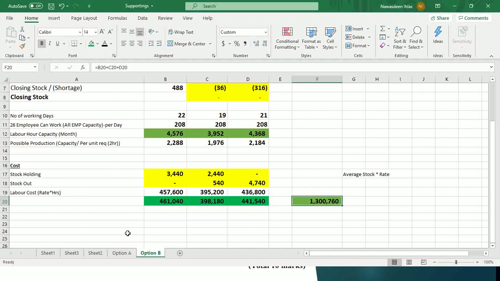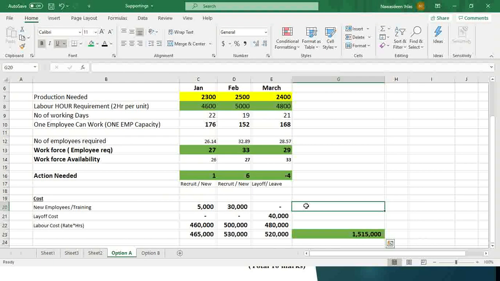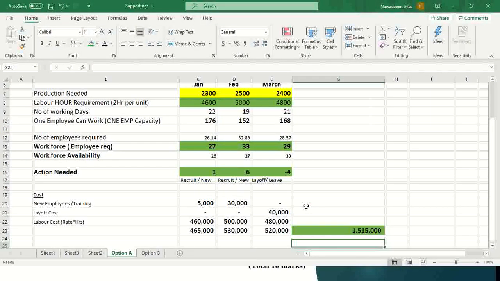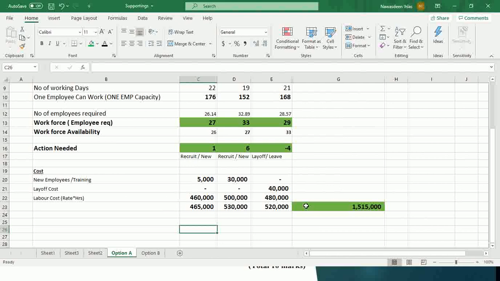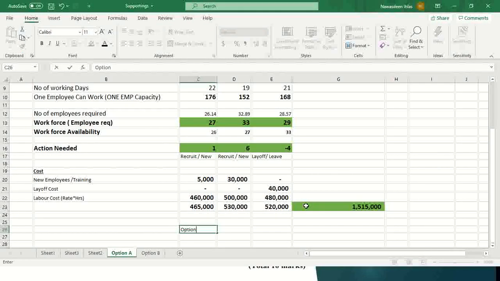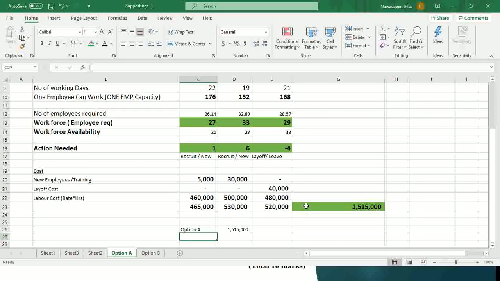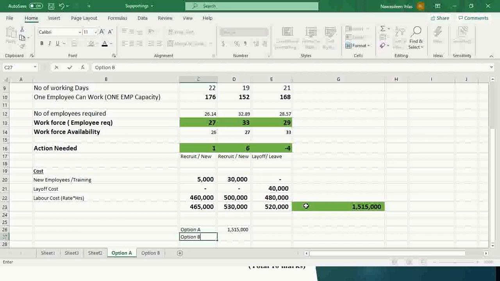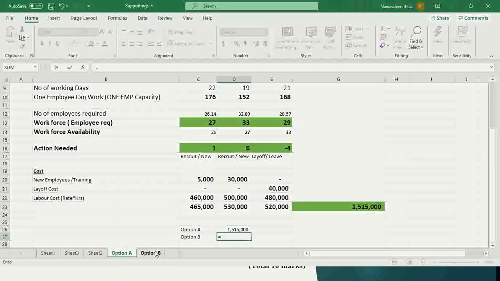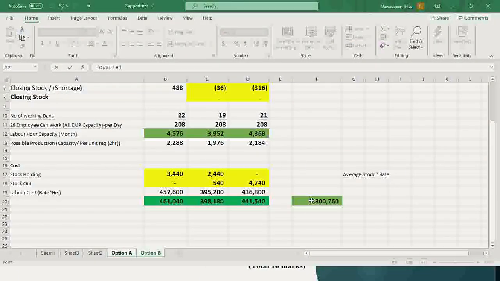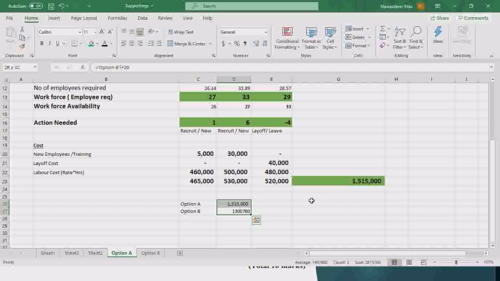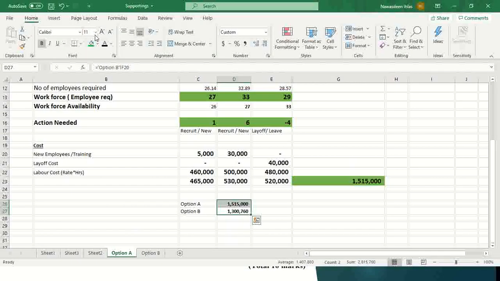So you can see for option A, our cost is 1.5 million approximately. For option B, our cost is approximately 1.3 million. So you can see it clearly which option is more suitable based on the cost factor.